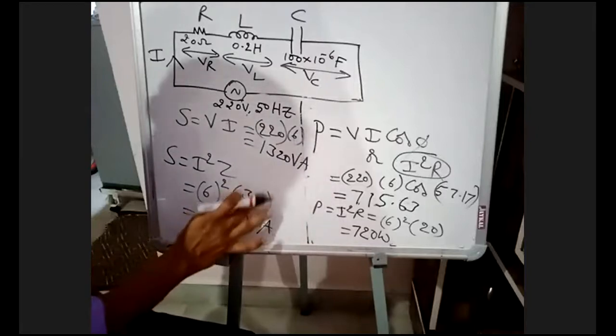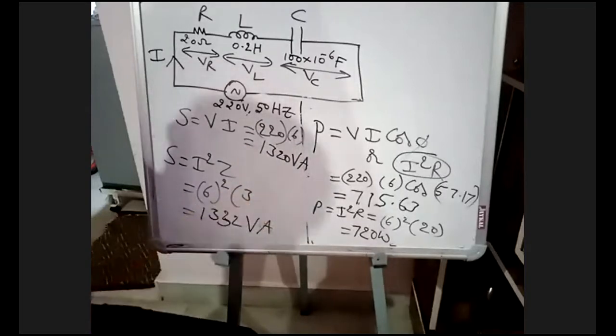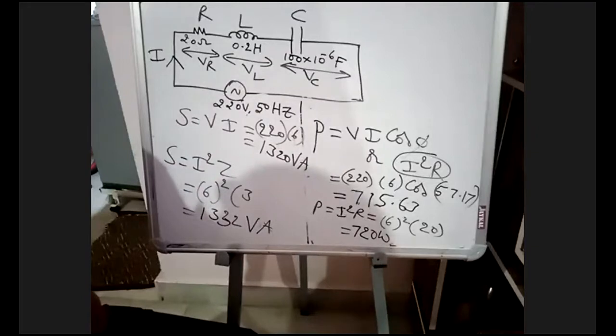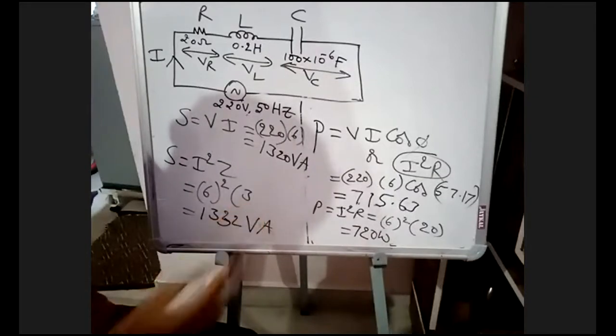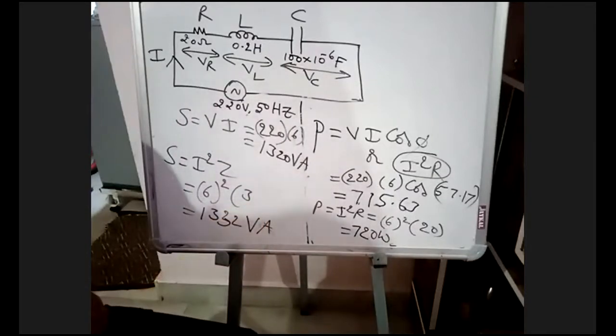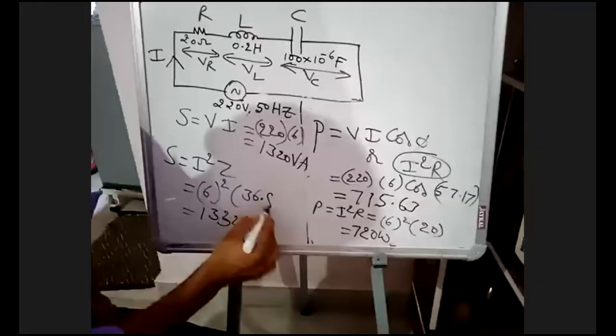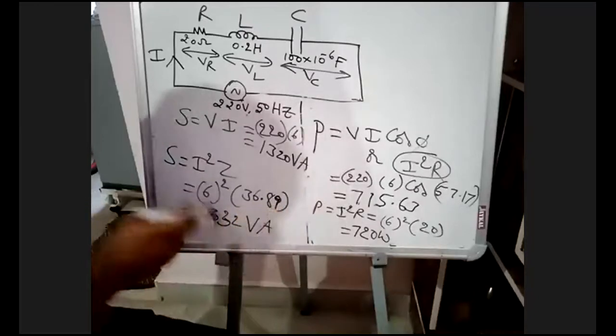How much exactly is the magnitude of Z after converting into polar form? 36.89. Okay, take 36.89 and see how much you get here.